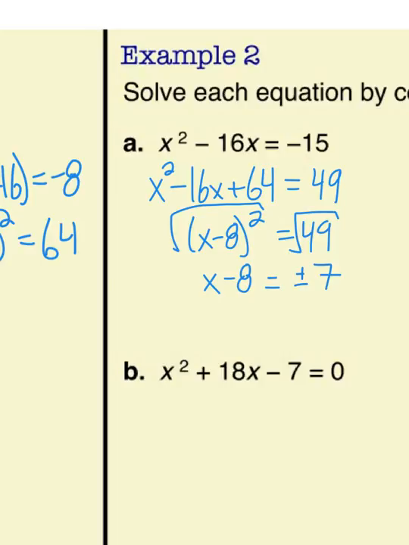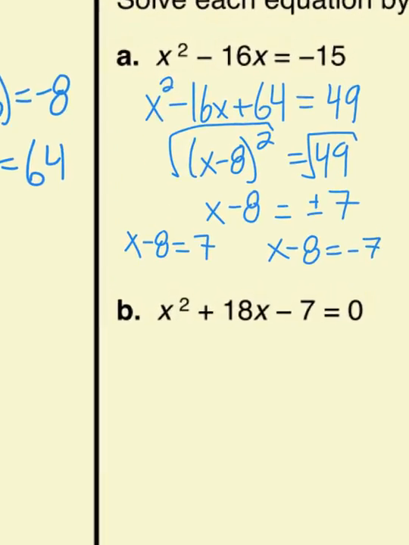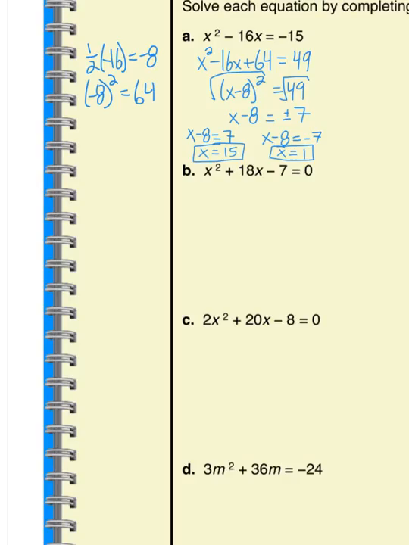From here, I'm going to set up two equations. I have x minus 8 equals positive 7, and x minus 8 equals negative 7. So then, just like if I were solving for a variable, I add 8 to both sides, and I have x equals 15, and I have x equals 1. Those are my two solutions for part A.